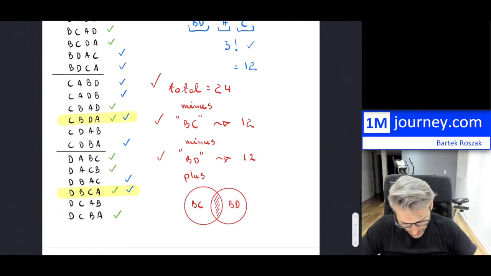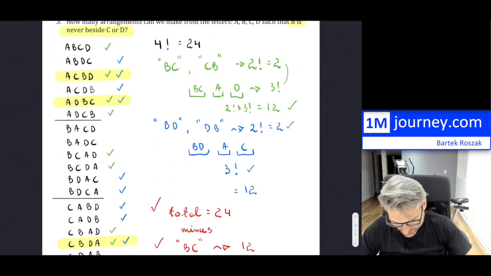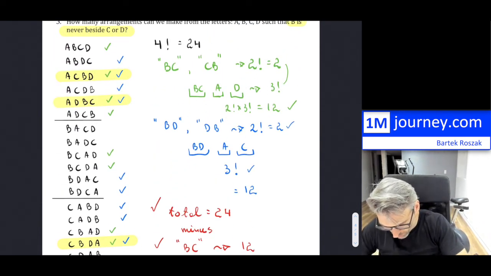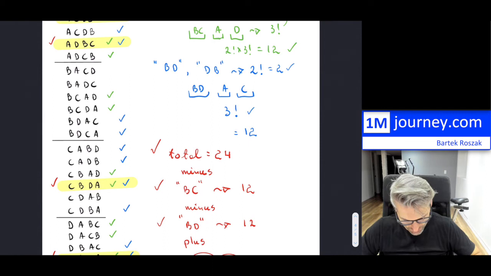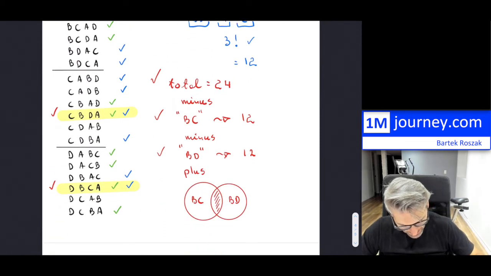So now plus these particular cases. This would have been 1, 2, 3, 4. So plus whatever I counted twice, and that would have been 4.